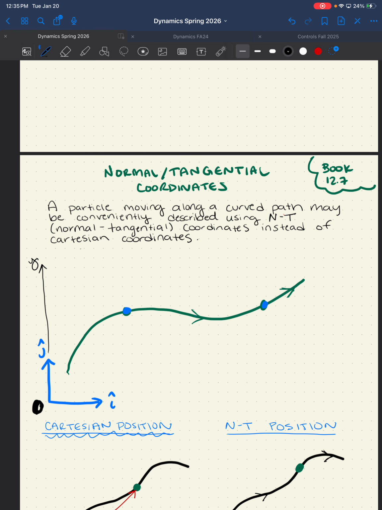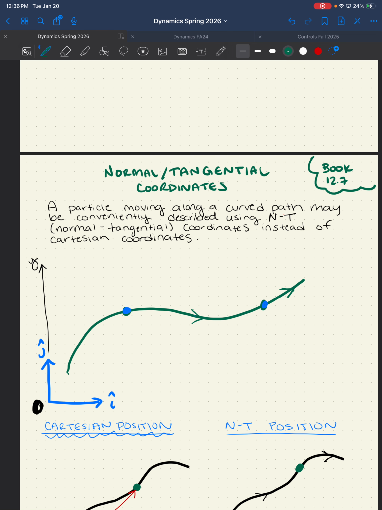All right. So, a particle moving along a curved path may be conveniently described using an NT, or normal tangential coordinate system, instead of the Cartesian coordinates. So I like to draw this picture of a particle moving along a path. This green thing here is the path.